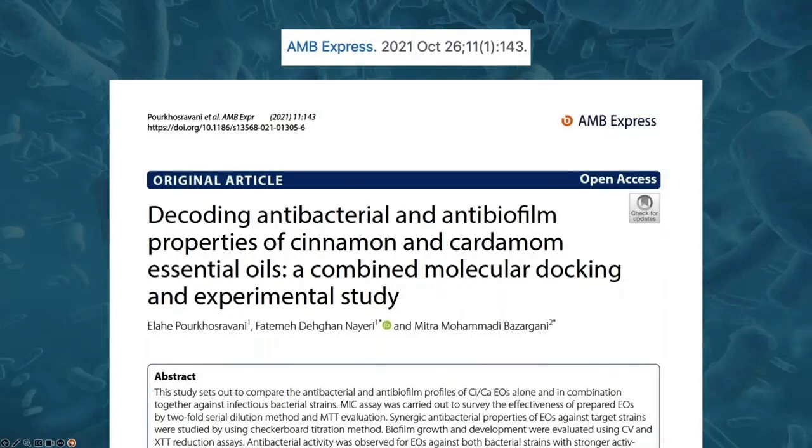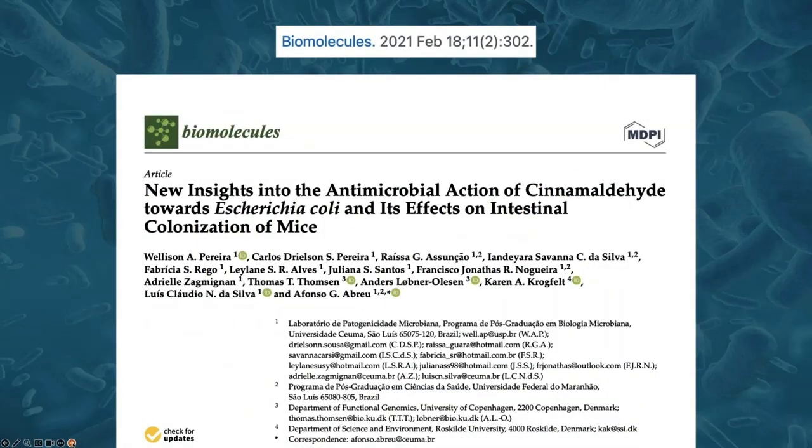Also cinnamon, so various plant extracts, but particularly cinnamon has been well studied as a key biofilm disruptor. And that's noted here in this review article, where they looked at specific mechanisms for cinnamon and other factors. And then lastly, here's another example.